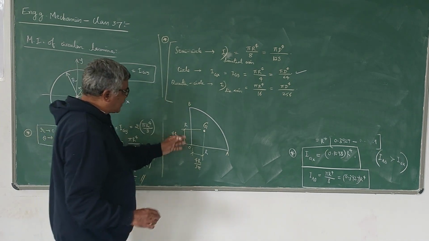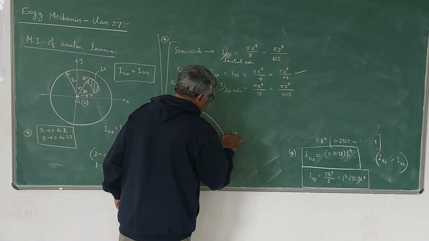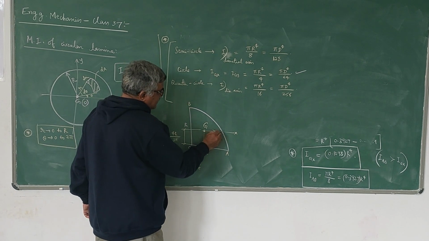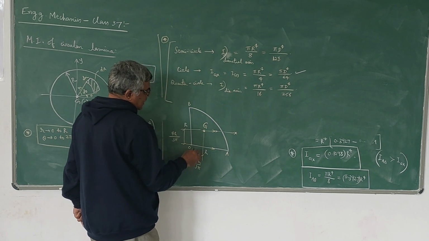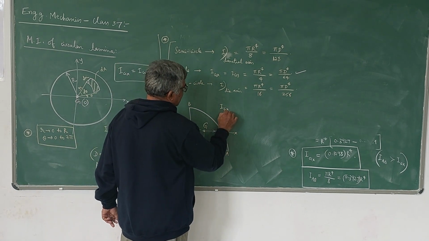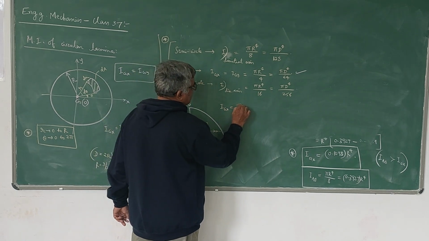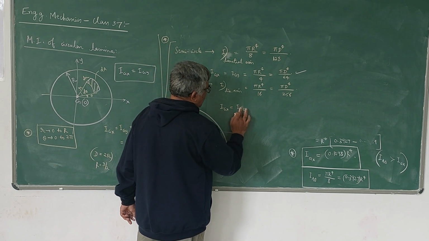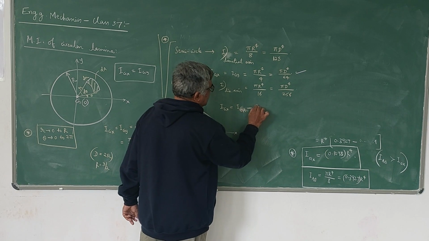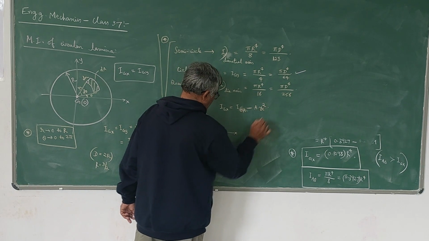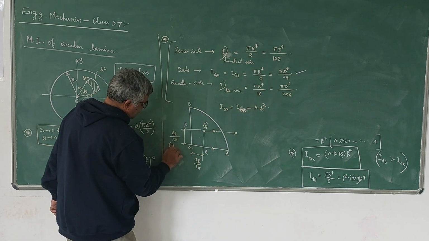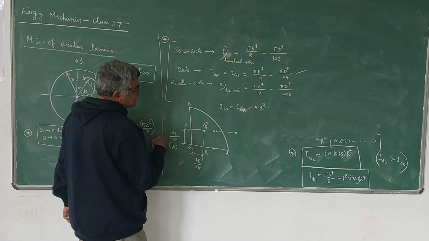If you want IGX here, we have to use the parallel axis theorem. For the quarter circle, IGX will be IOA minus A into YC square, where YC is this. We can take like this or like this.